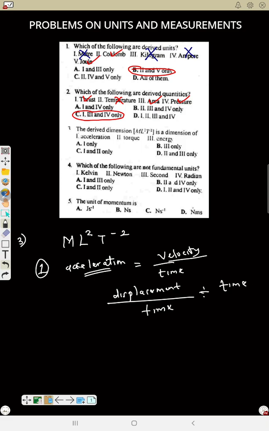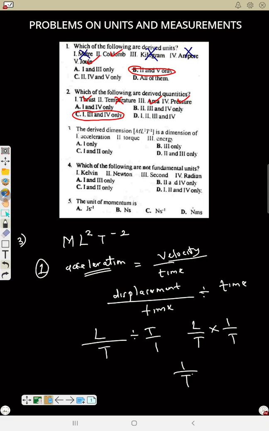And we know that the dimension for displacement is a kind of length, so that will be L. Time is T, divided by another time. So that means this is L over T times 1 over T. Because if division changes to times, it will turn upside down.